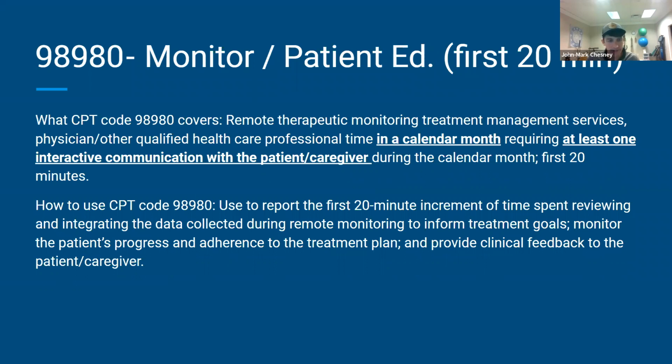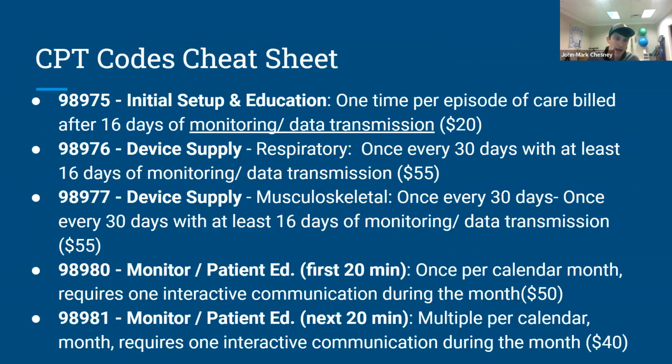It's not that complicated, but initially starting off, you'll just get confused. And so that's why having this as a reference, you can look to see which one is a 30-day period, which one has the 16 days of monitoring tied to it, and which one is based on the calendar month.